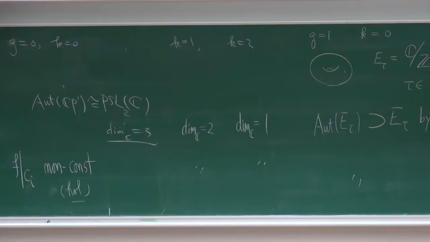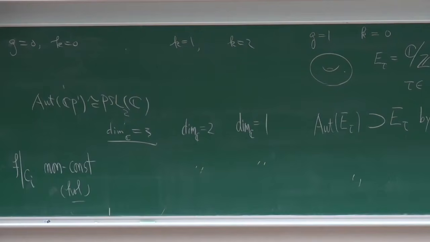So now I can say that the irreducible component of the domain has either genus bigger than or equal to 2, or genus 1 and k bigger than or equal to 1, or genus 0 and k bigger than or equal to 3, or the map is non-constant on that component.